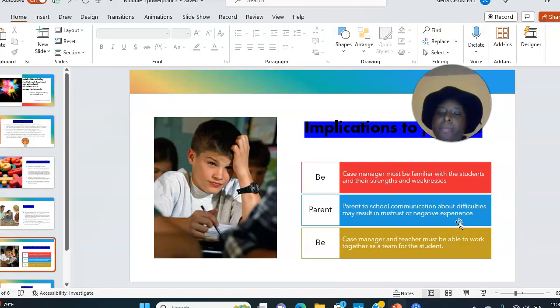Another implication to practice would be communication about difficulties. So, parent to school communication about difficulties may result in mistrust or negative experiences. When people hear case management, they may associate that with, my child's at risk, my child is at risk of failing, and that may not be it at all.